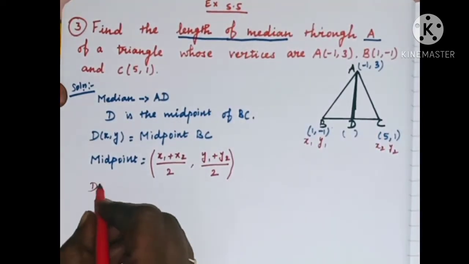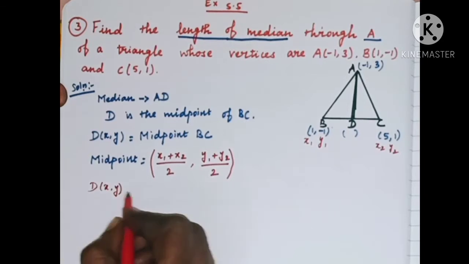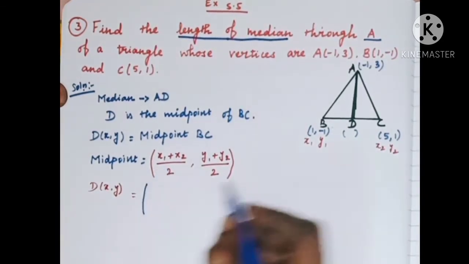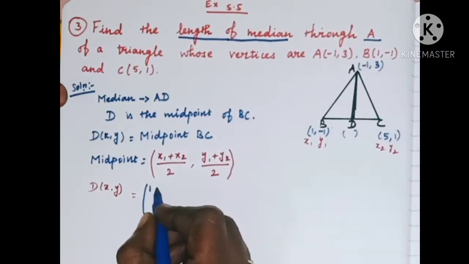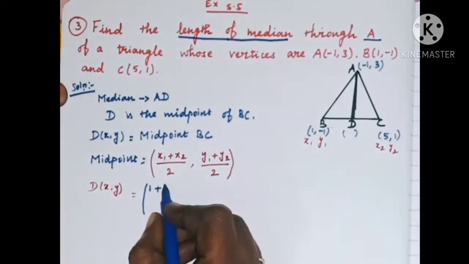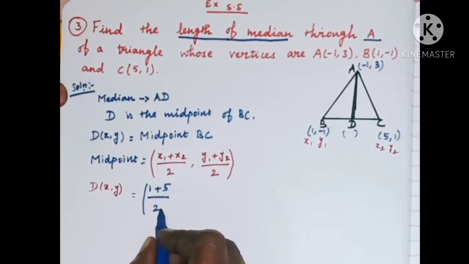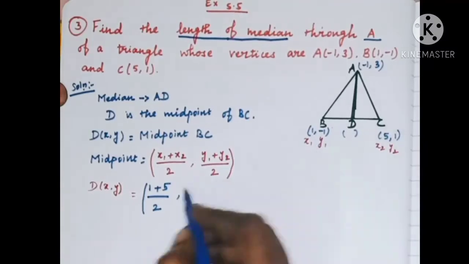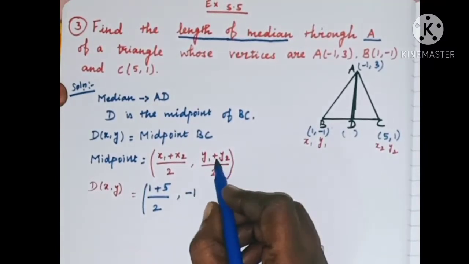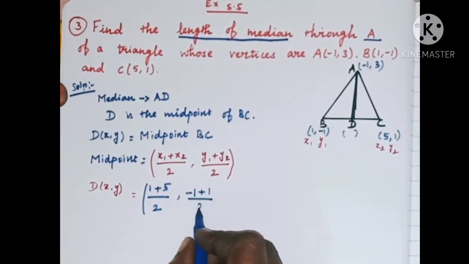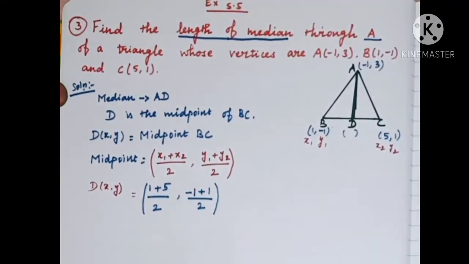So D of x, y is equal to, what is the value of x1? x1 is 1 plus x2, which is 5, so 1 plus 5 divided by 2, comma, y1 is minus 1 plus y2, which is 1, divided by 2.